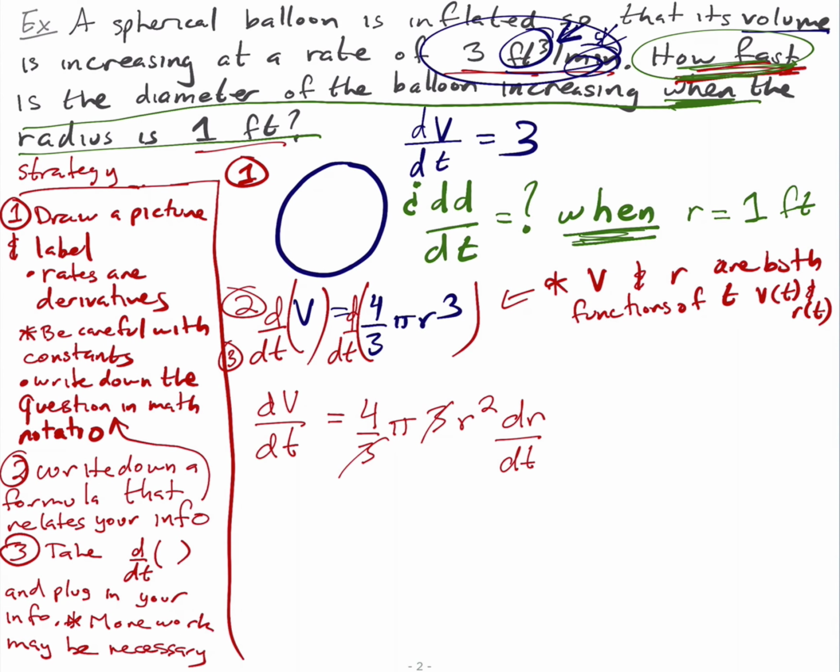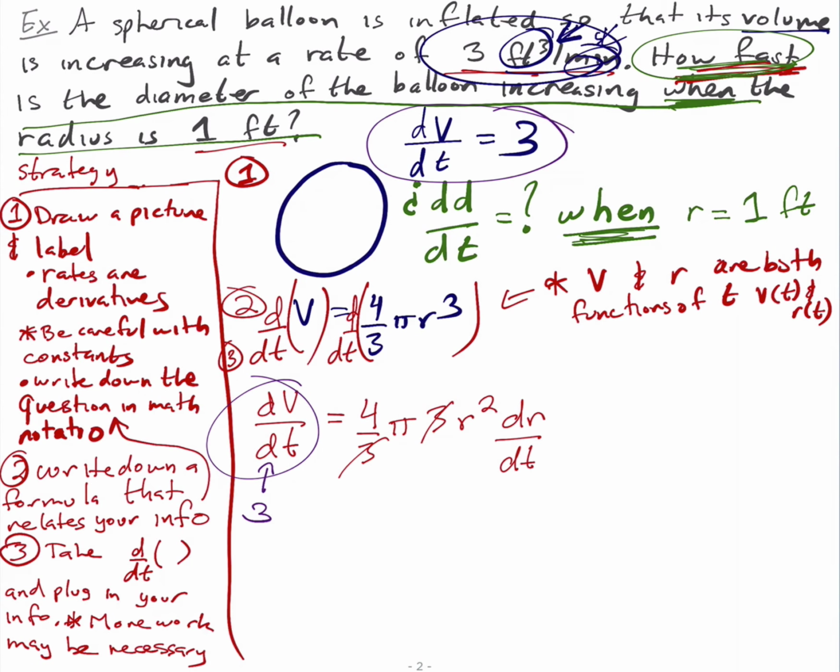Okay, so any questions right now? Is that okay? That's not that bad, right? Okay. All right. So, what else do I do? And then we plug in our info. So what can we plug in? We know dv over dt is 3, so we can plug that in.